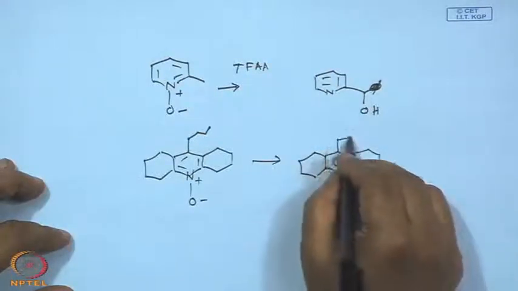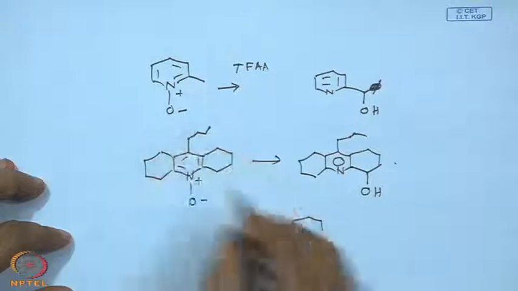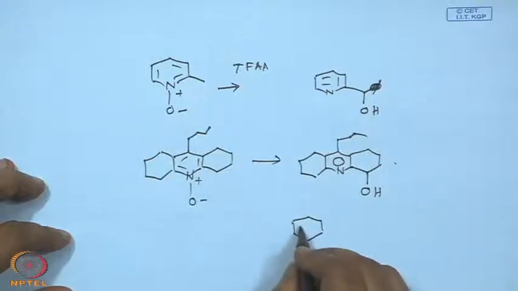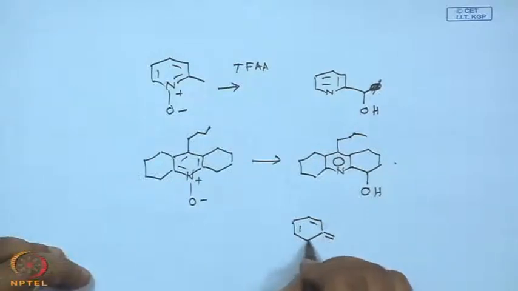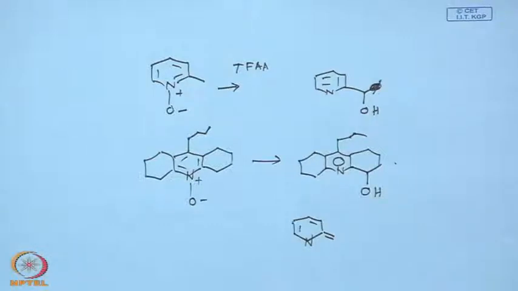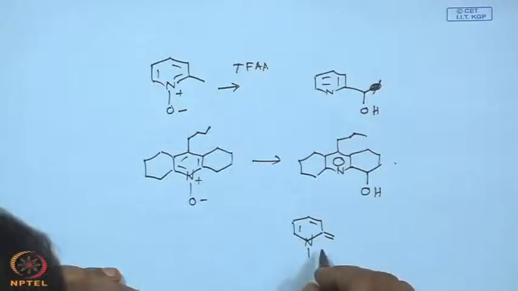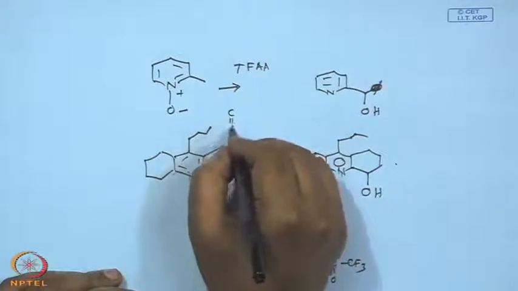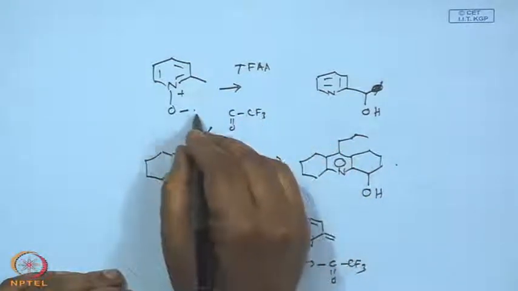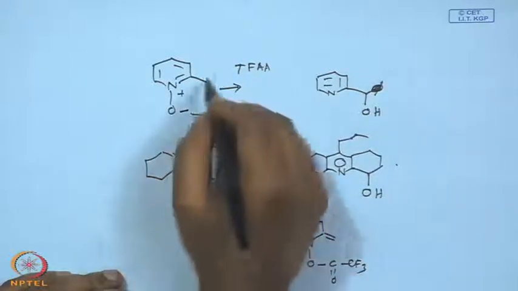Mechanistically, the anhydride first attacks this oxygen here, and I think you will be getting something like this, right, because trifluoroacetic anhydride is basically equivalent to acetic anhydride. So, it is a plus 1. We will get this, then hydrogen is eliminated.